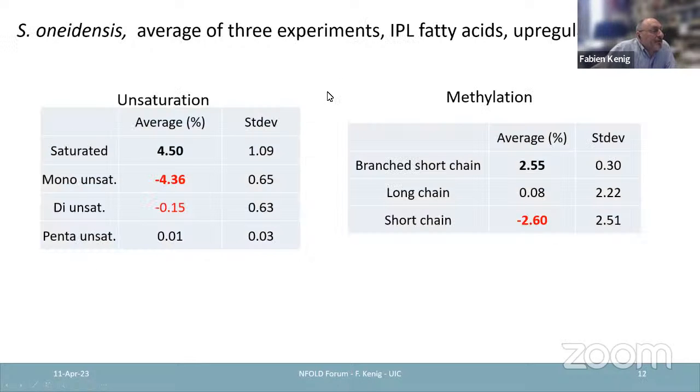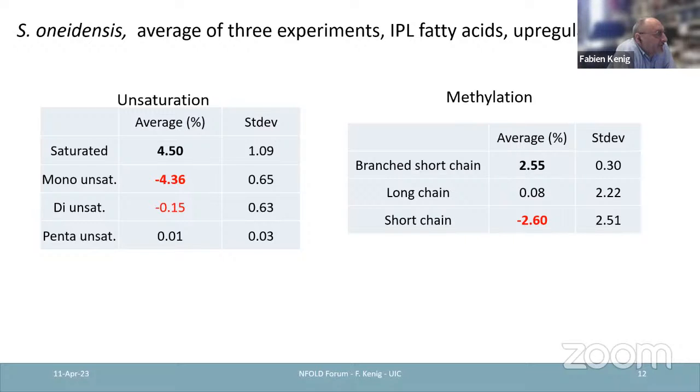But when we consider the average of these compounds, for example, within the PE, if we look at the saturated compounds, they are actually upregulated. The monounsaturated, in contrast to what we were thinking when we started that project, are downregulated.